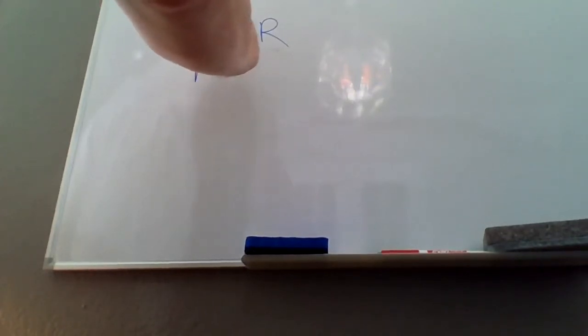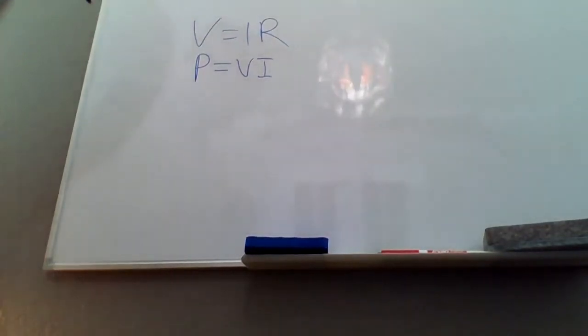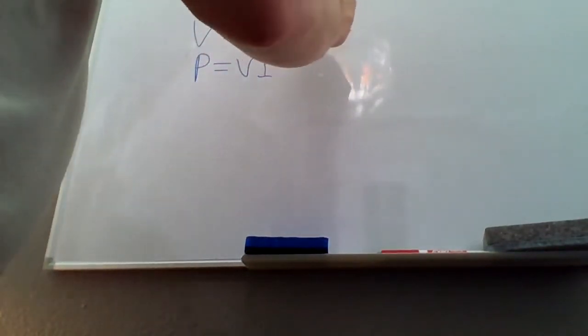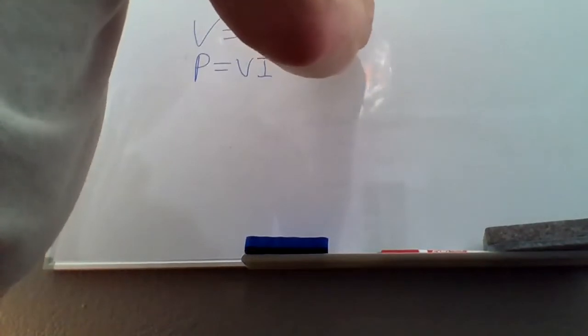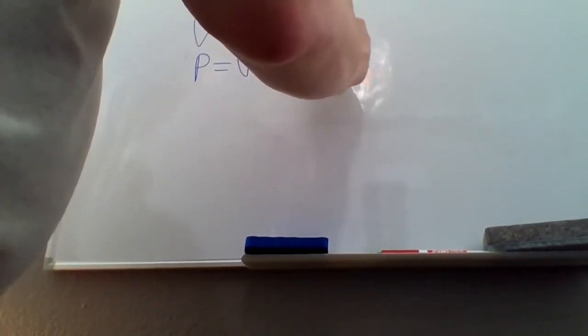Now, there's another equation that you should all know, which is P is equal to VI. So this is how you determine in a standard circuit how much power you have. If you know the voltage and you know the current, P is equal to VI. So this is power, and remember, this is in volts, but this right here is in watts.